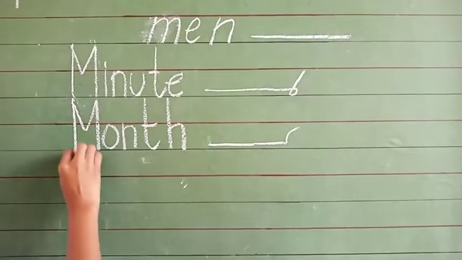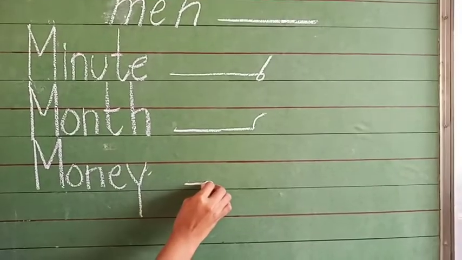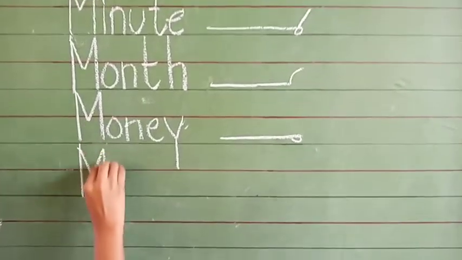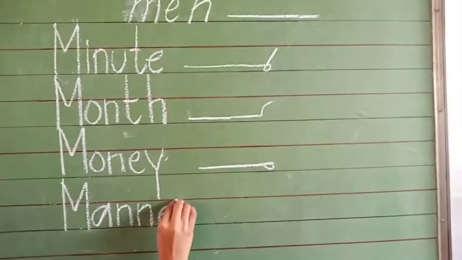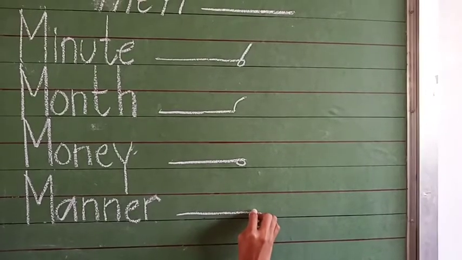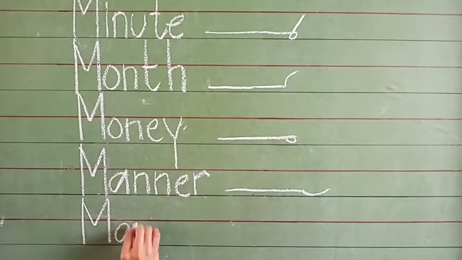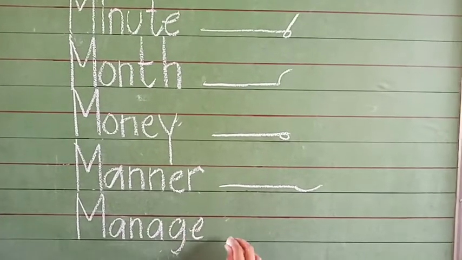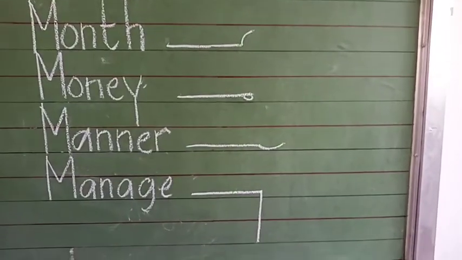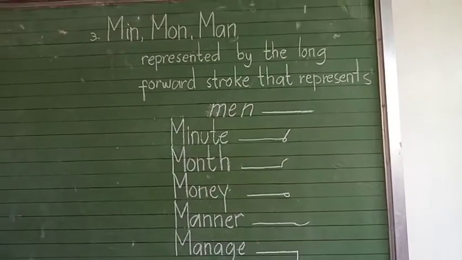Next, money is represented by M, N, and E. Manner, represented by M, N, and R. Next, manage is represented by M, N, and J. And that is the principle number 3, min, mon, and man.